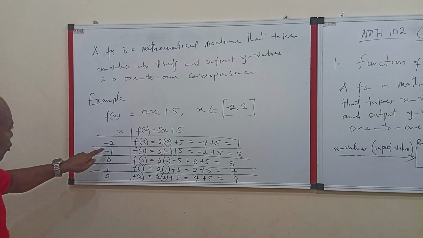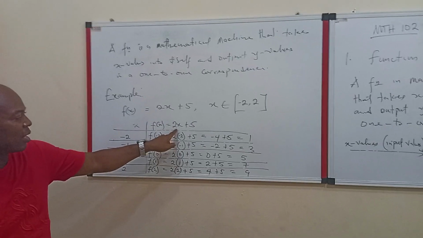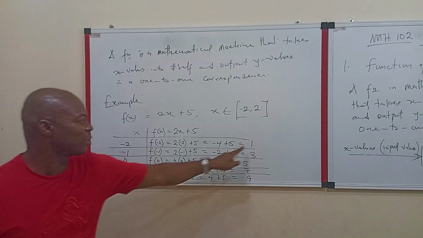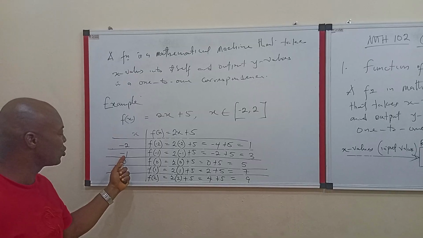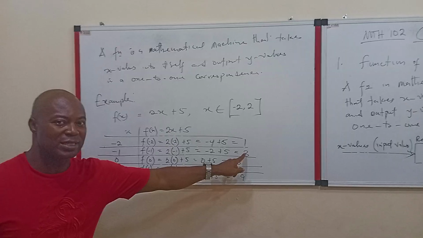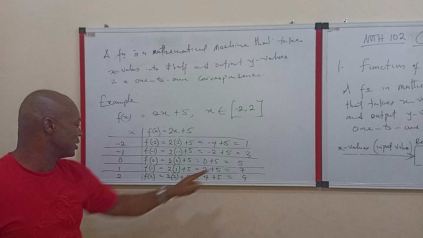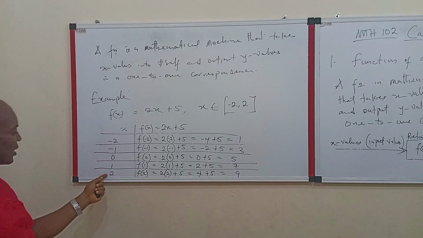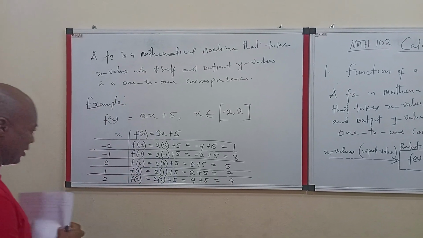Now you can see that when x is inputted into this relation, this mathematical machine, when x takes 0, the output is 5; when x inputs 1, the output is 7; when x inputs 2, the output becomes 9.